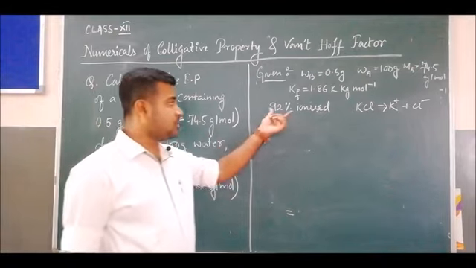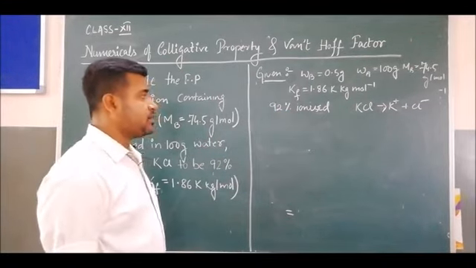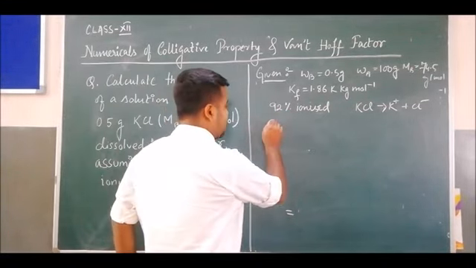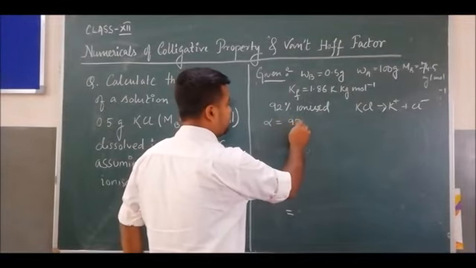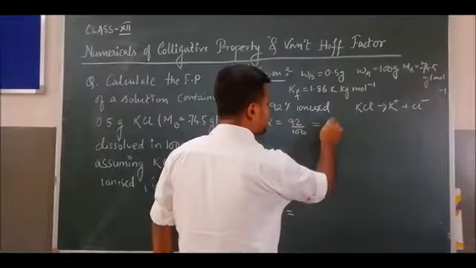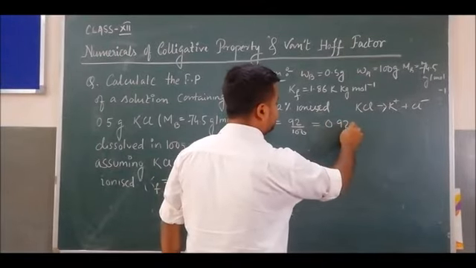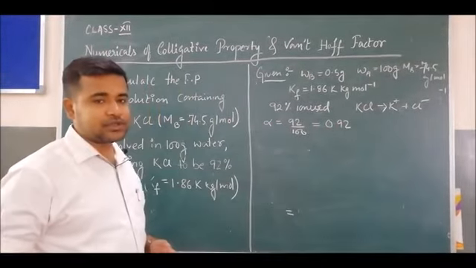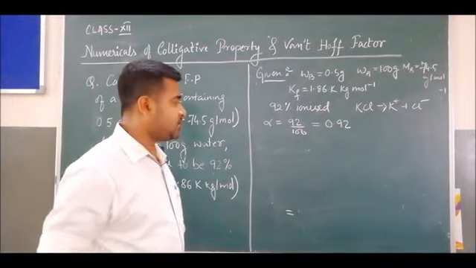So let's start from the ionization part. 92% ionized means alpha equals 92 by 100, which equals 0.92. So the degree of dissociation is 0.92.